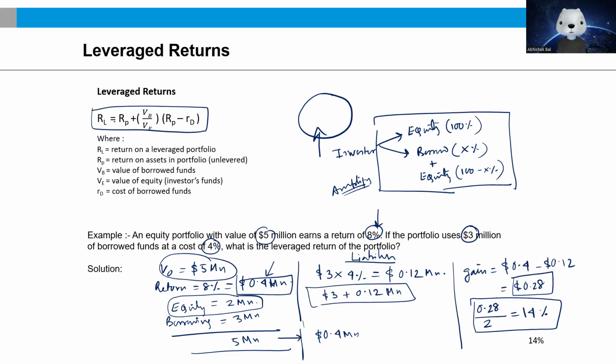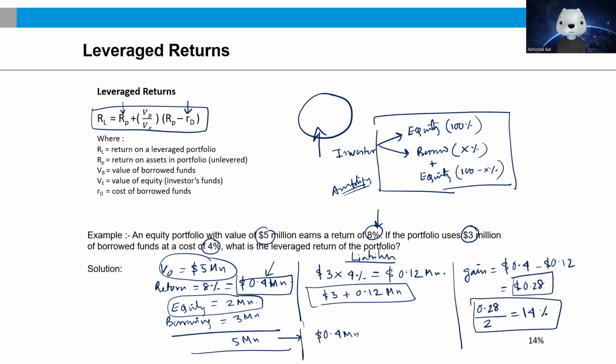RL is equal to the leveraged return. This 14% is the leveraged return, equal to the portfolio return plus a ratio of the borrowed fund and that of the equity multiplied by the portfolio's return minus the cost of borrowing itself. Okay, this is what leveraged return is all about.